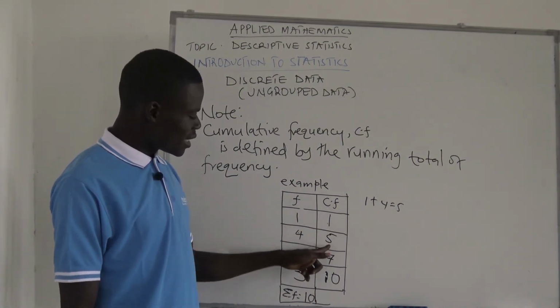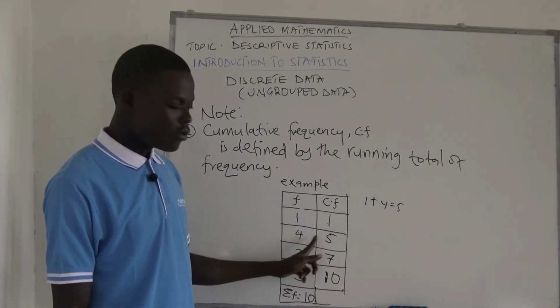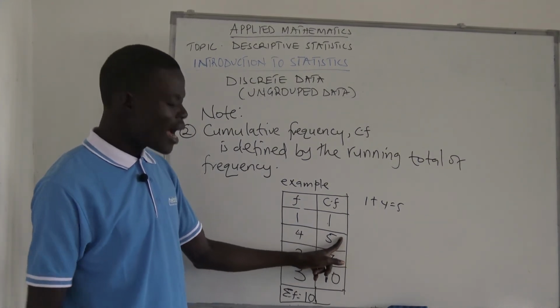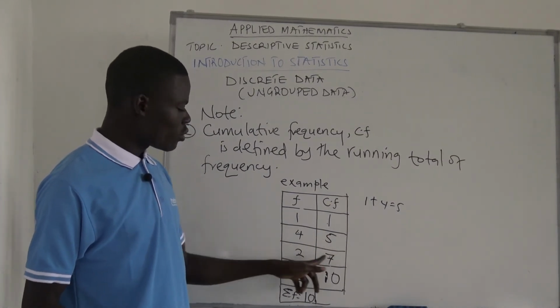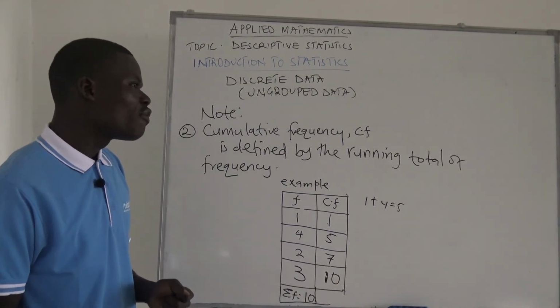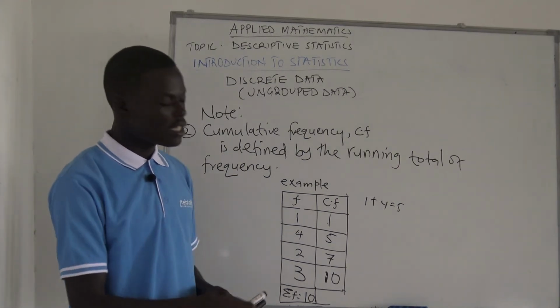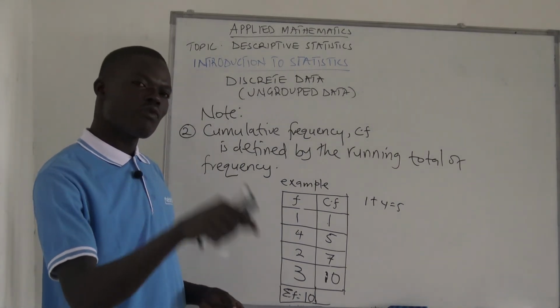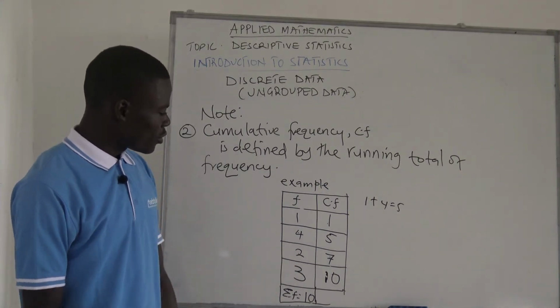To get the second one, you add 1 plus 4, which is 5. To get the third one, we have 5 plus 2. To get the current cumulative frequency, you take the cumulative frequency before, plus the frequency which is after. That's how you get it.